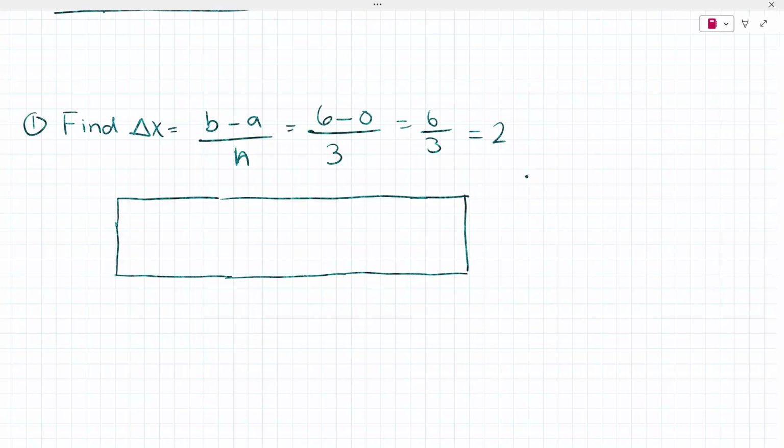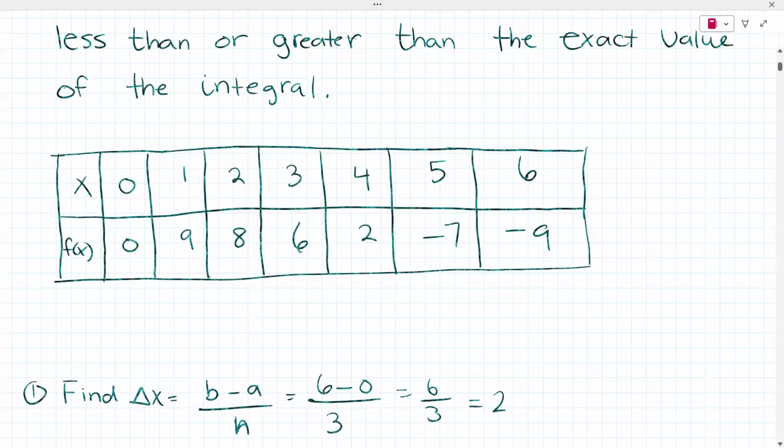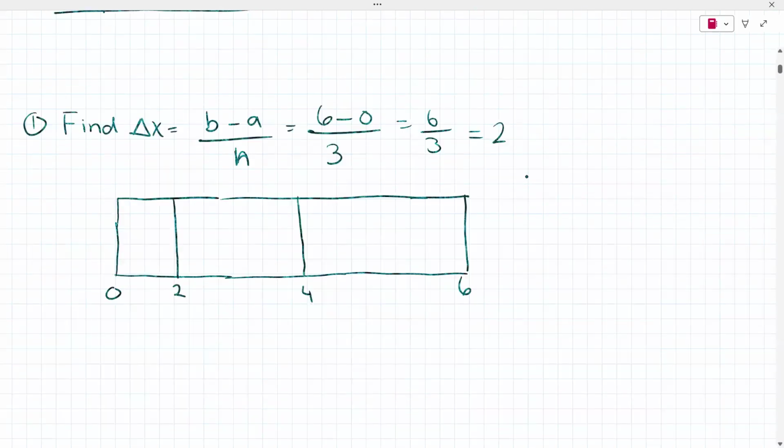It looks something like this. So we're going on the right endpoint. Here's 2, 4, and 6.